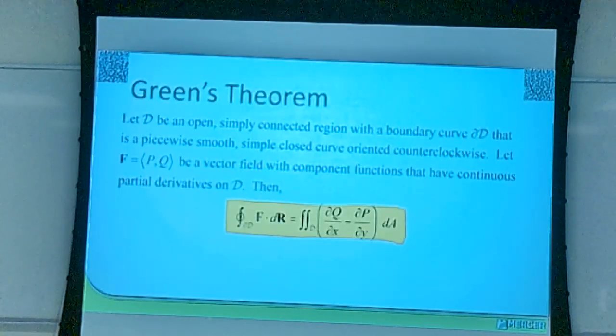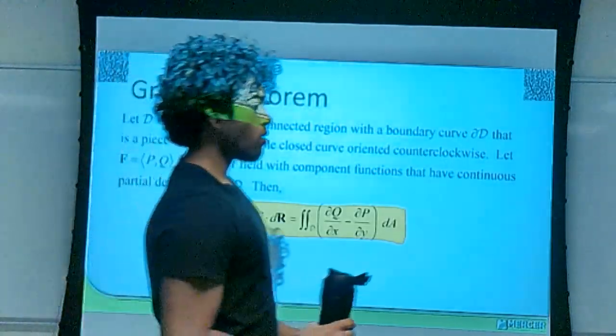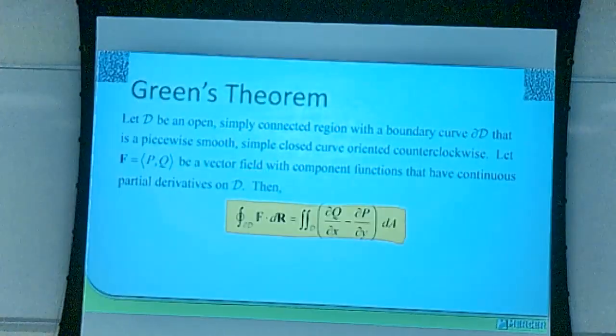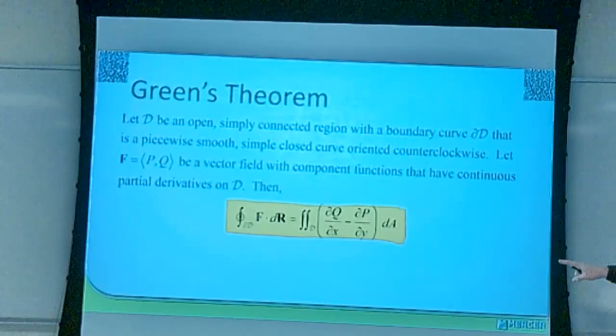And it's for counterclockwise orientation. But if you want to go with a negative orientation, there is a slight change made, so that's why there's a negative. You could theoretically use it, and then just multiply that.